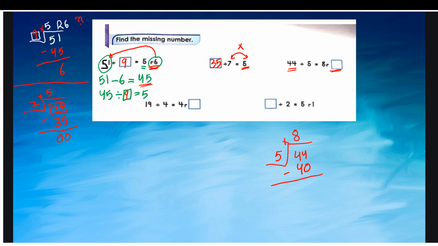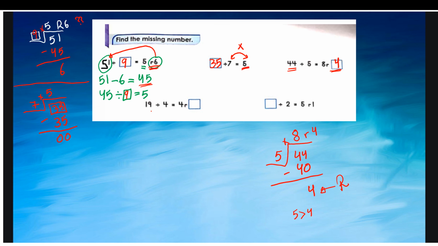So you have to subtract now. 44 minus 40 equals 4. Can you divide 4 by 5? No, because 4 is less than 5. So this number we call the remainder. So we write here 8 with a remainder equal to 4. So the missing number is 4.